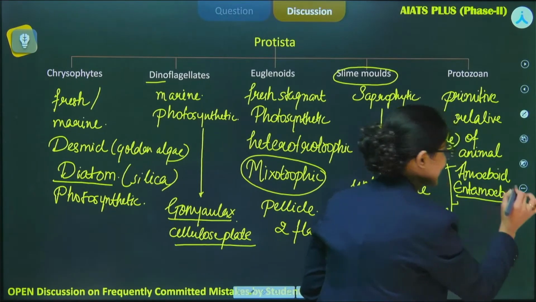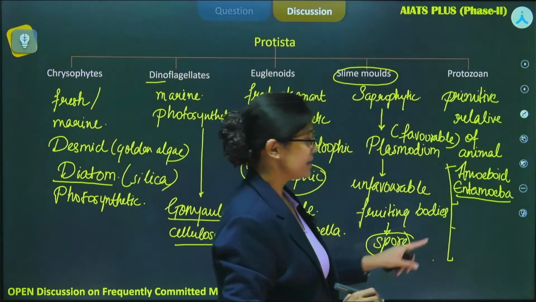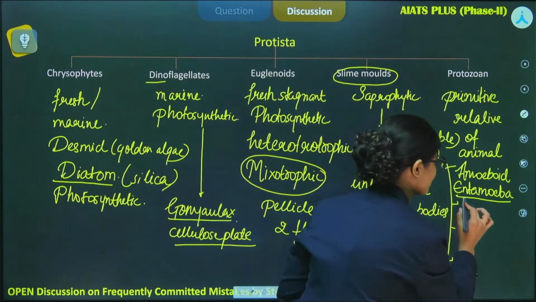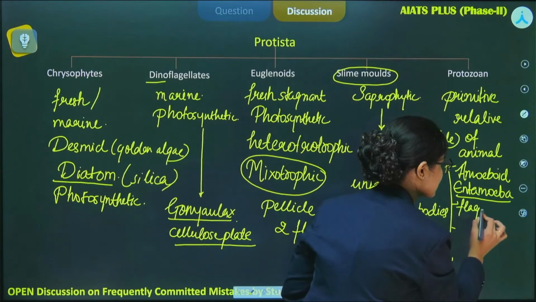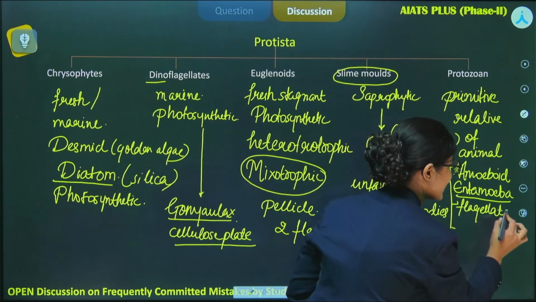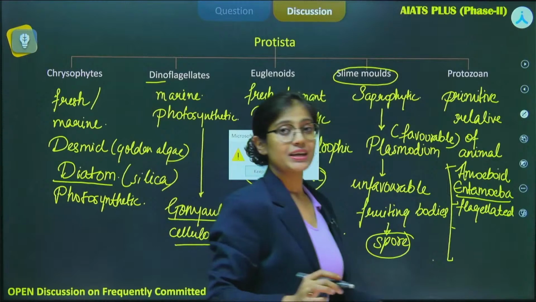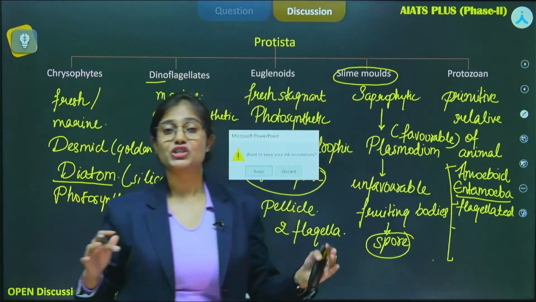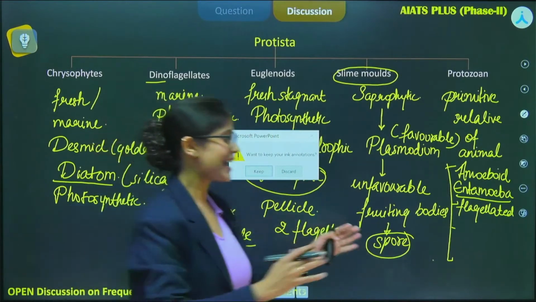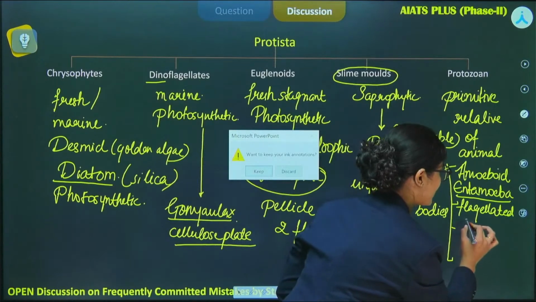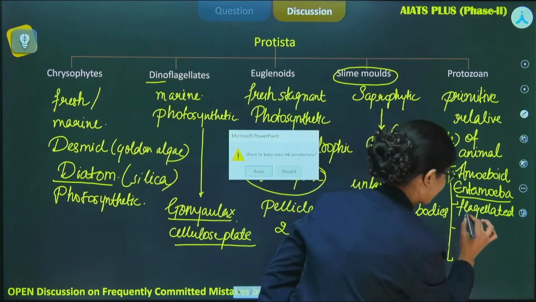Now, next one is flagellated protozoa. As the name suggests, flagellated, that means the locomotory organ is flagella. There are multiple flagella on their body.